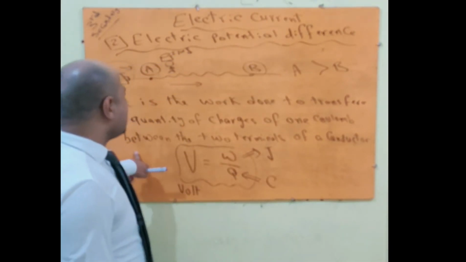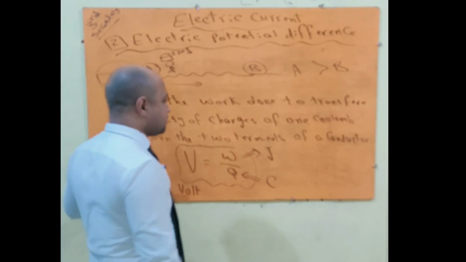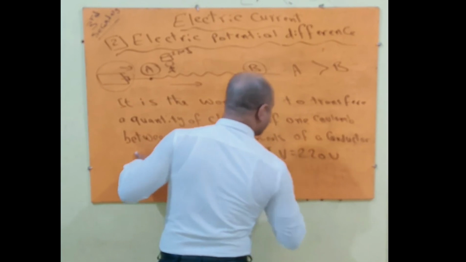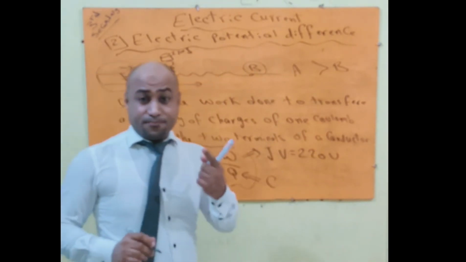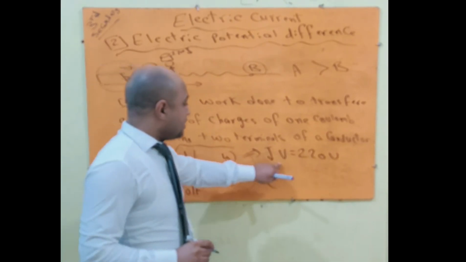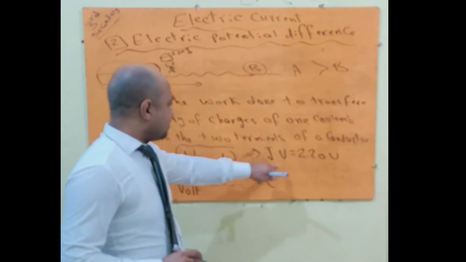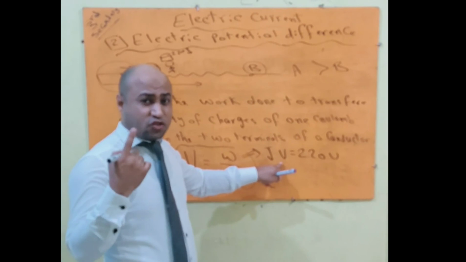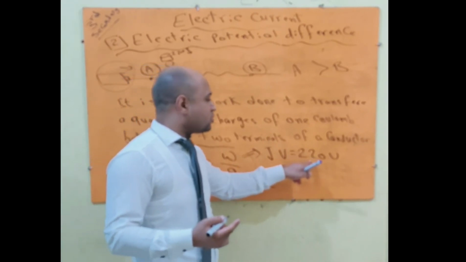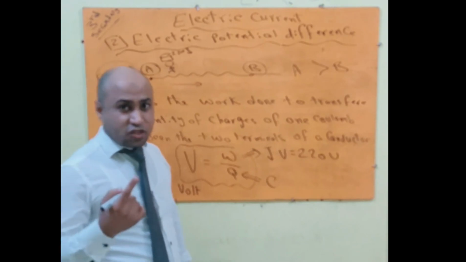So again, what's meant by that? The potential difference at home equals 220 volts. This means that the work done to transfer a charge of 1 coulomb between the two terminals of the conductor equals 220 joules for each charge. Okay.